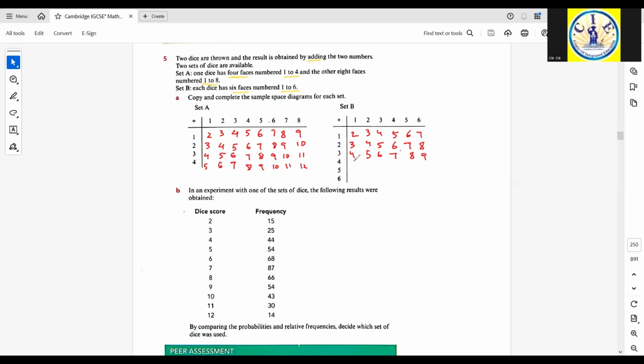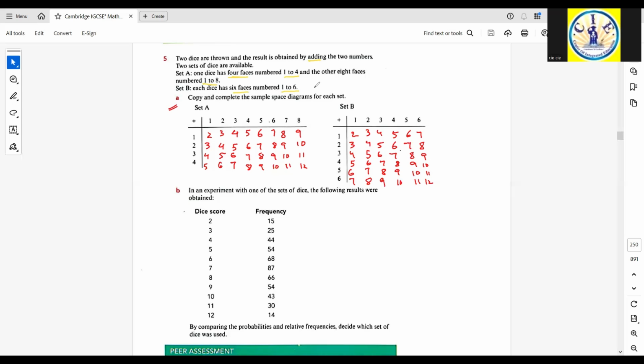This is 4 plus 1, 5, then 6, 7, 8, 9, 10. 5 plus 1, that is 6, 7, 8, 9, 10, 11. And then 6 plus 1, 7, 8, 9, 10, 11, and 12. Okay, we are done with part A.